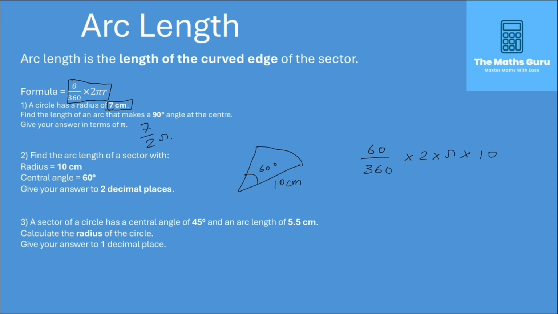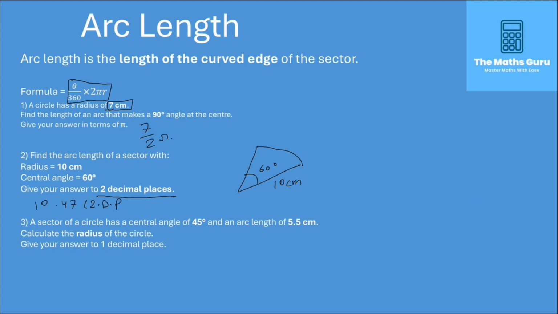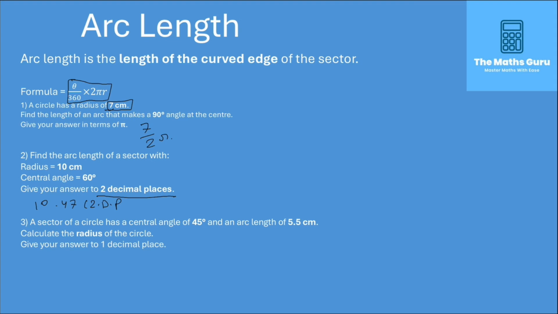This is going to be 10 over 3 pi. Notice how the question wants us to give it to 2 decimal places. So we press our SD button, giving us 10.47 to 2 decimal places.